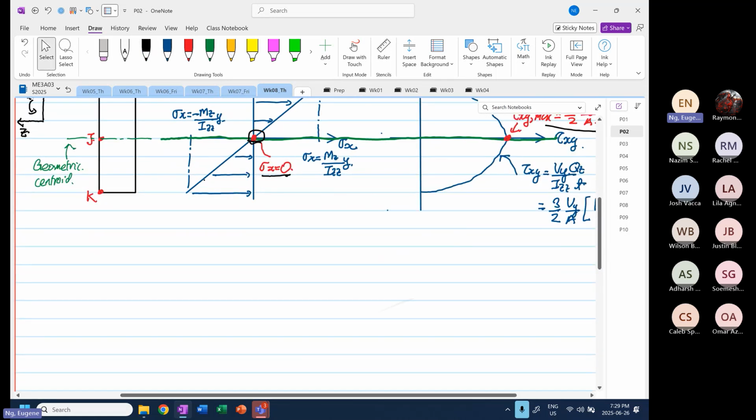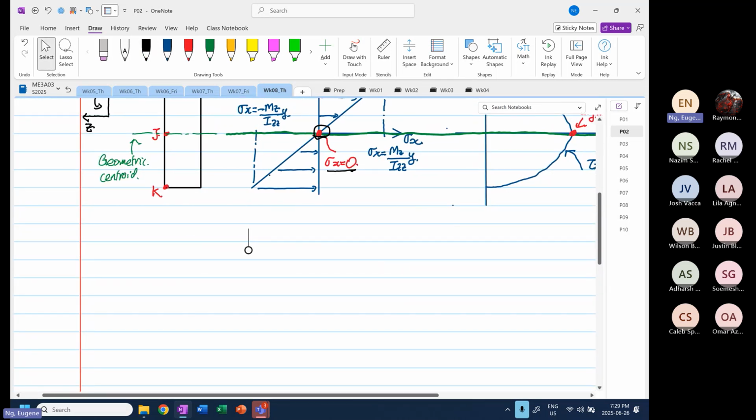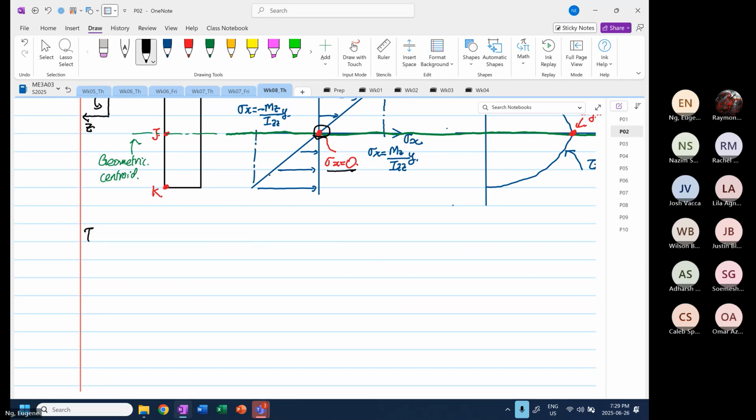Now, if we look at the shearing stress, the general formula looks like this: plus minus Tx over J multiplied by R. You've seen this before.